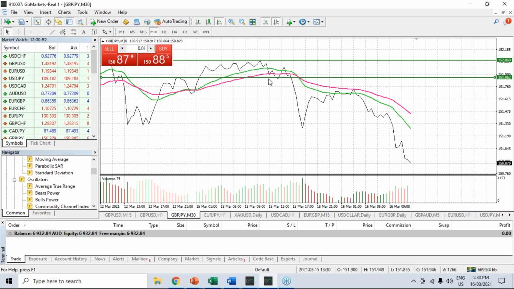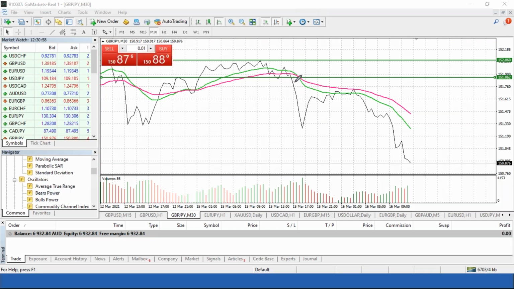And so what we want to do is we want to pick up when this happens. Okay, and if that happens, we can get in, that's congestion exit, and we can get in on a short trade to take advantage of that. And of course, we've got to have an exit that says, okay, trend's changed again, we need to be out.